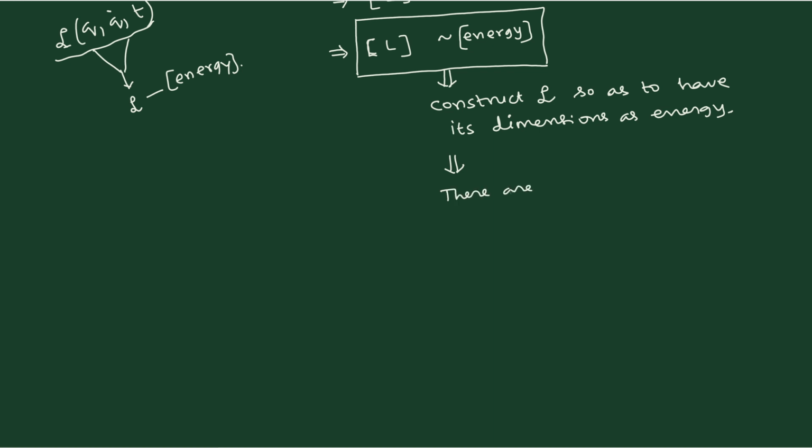We cannot say infinitely many, but still we can say that there are many possibilities. What is the meaning of many possibilities is that many possible functions can be there.